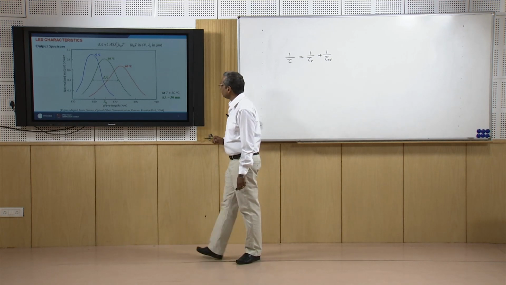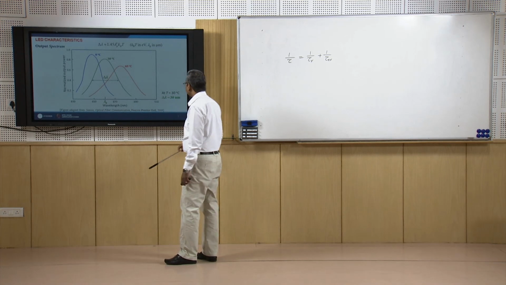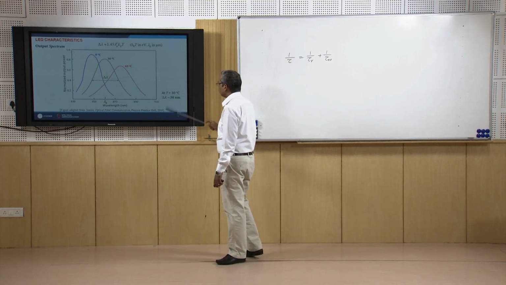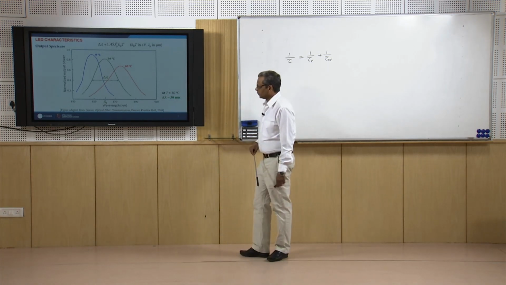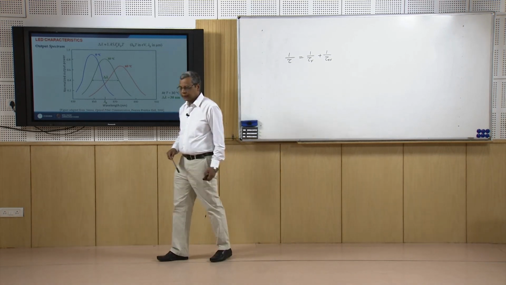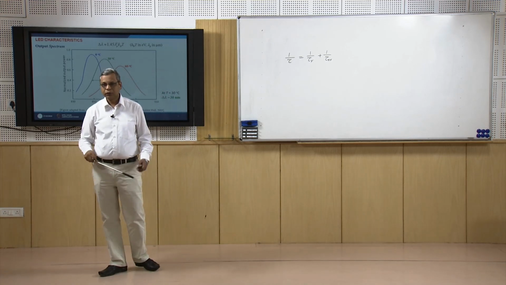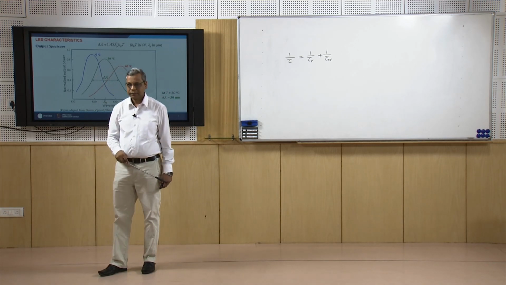So what I find is that at room temperature, about 30 degrees centigrade, this delta lambda is about 30 nanometer. So an LED has a spectral width of about 30 to 40 nanometers.